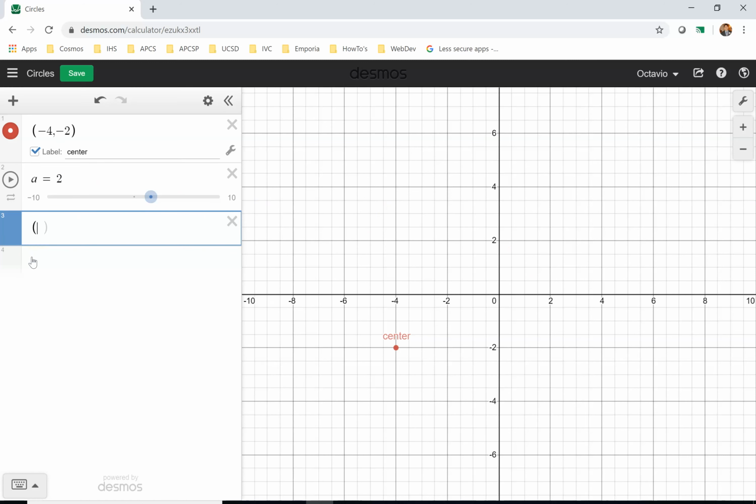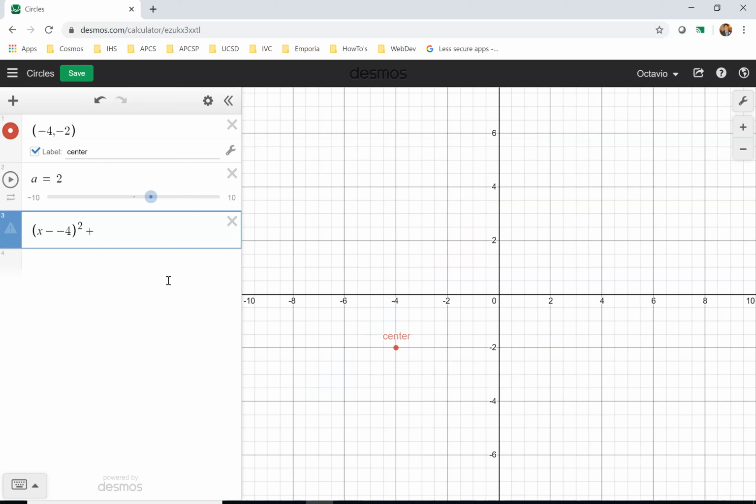And so the general formula is x minus h. h is the x coordinate of the center. In that case, it's -4. And so I would put x minus a -4, and then I would square that.